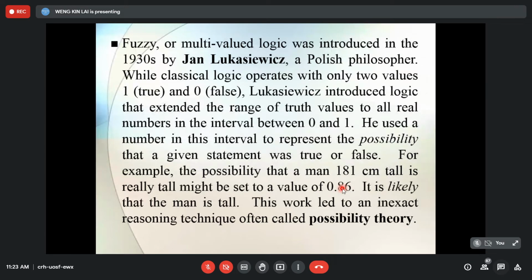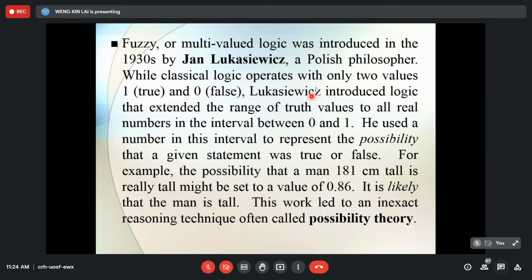Because of these differences, it actually makes fuzzy logic much more powerful and much more relevant, right? Compared to Bayesian theory or Bayesian reasoning. So because of this 0.86 value, it is then considered likely that a man is tall. It's not exactly one, the maximum is one, so it's only likely that a man is tall.